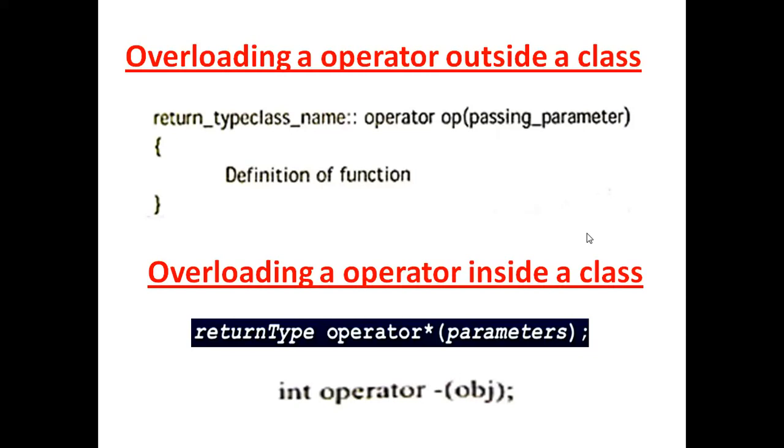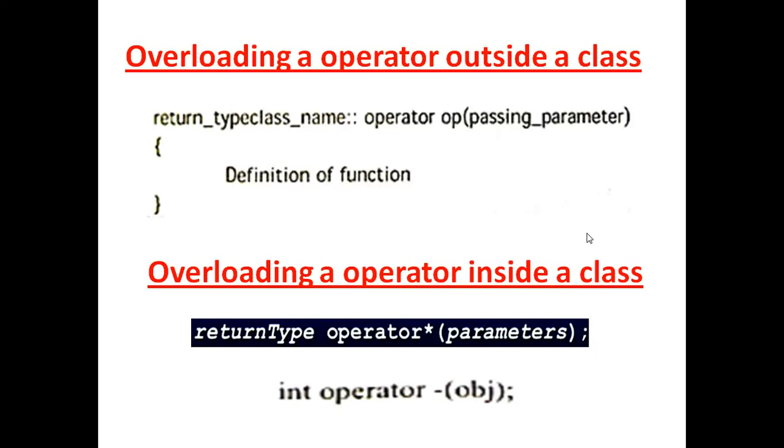This is the syntax of overloading an operator outside a class, which has return type, then class name, then scope resolution, then the operator keyword, then the operator which we want to overload, and afterwards in open and close brackets we can pass some arguments.